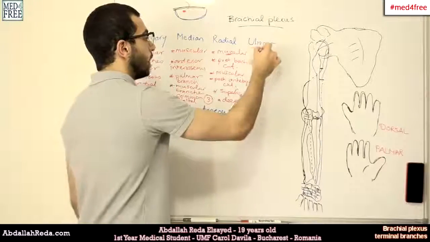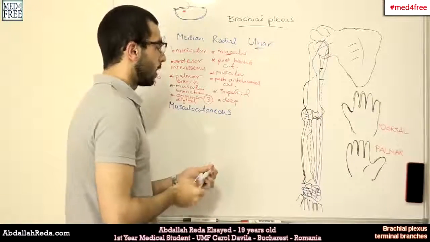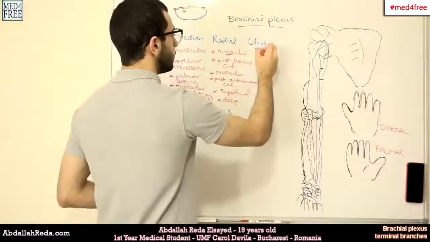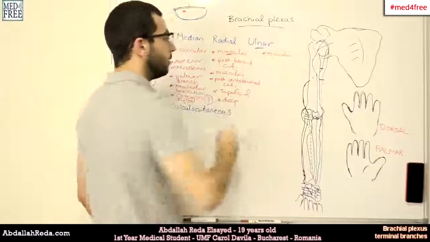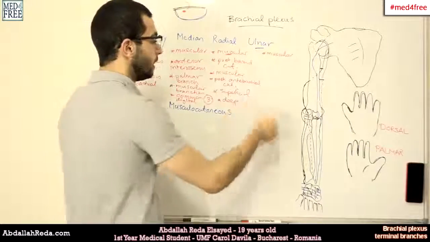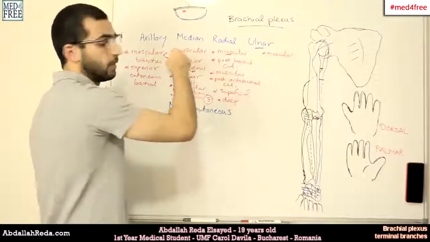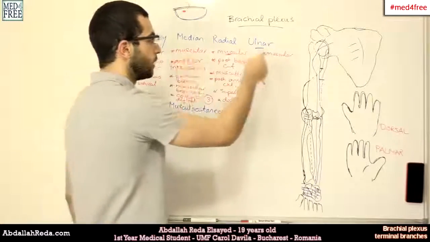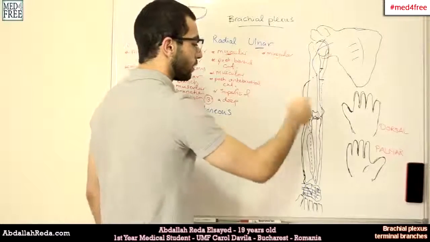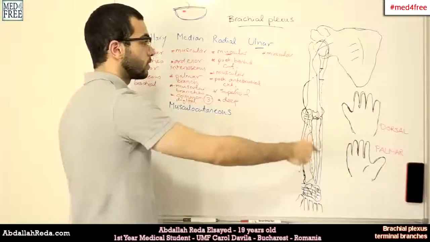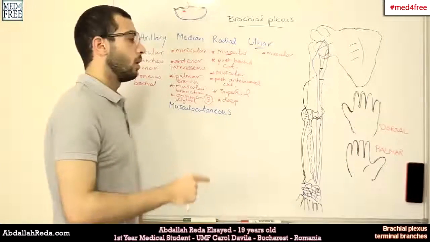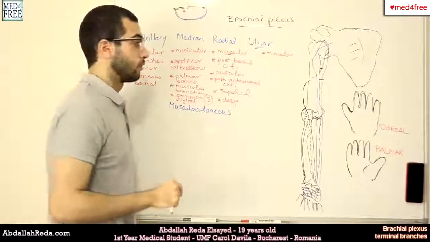So the ulnar nerve gives muscular branches for the muscles which are not innervated by the median nerve. So the ulnar nerve will give branches for the flexor carpi ulnaris and the medial side, or the ulnar side, of the flexor digitorum profundus.